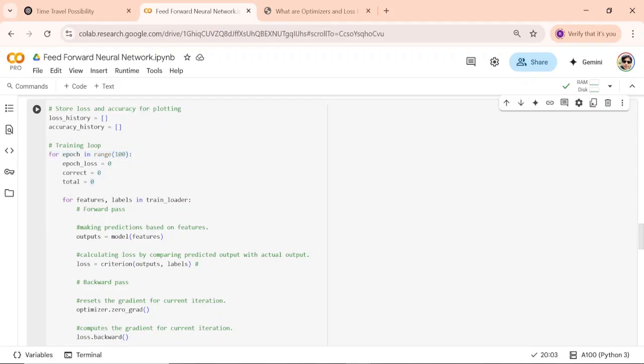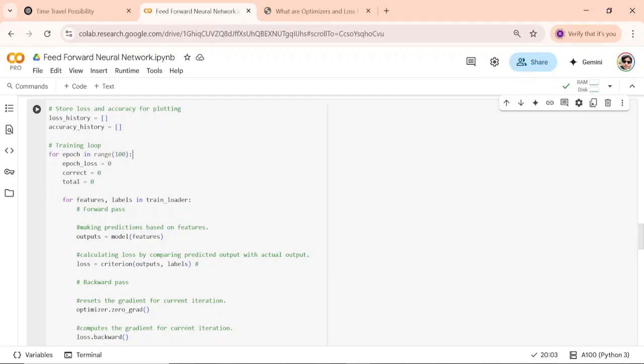Epochs means the number of iterations the model will go through the entire training data set, right? So the model will go one time, two times, three times to learn the patterns out of it. It's going through the same data n number of times to learn it properly, right?